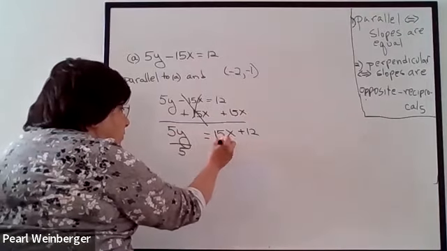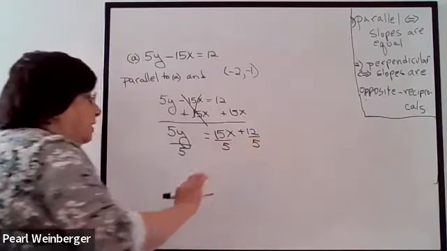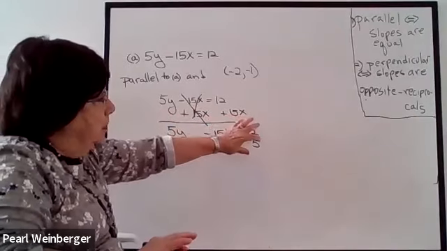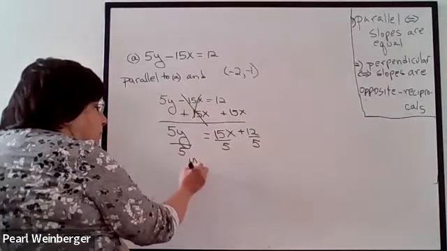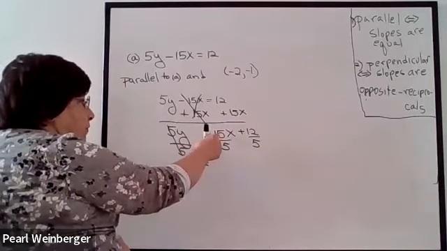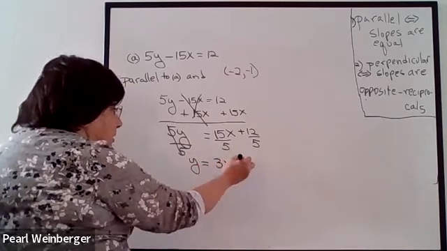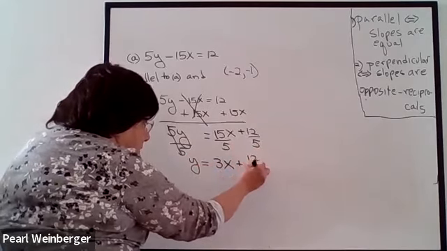Now here's where you have to be very careful. You have to divide every single thing by 5, not just the y's, not just the x's, but the numbers as well. So my equation comes out to be y equals, because this cancels out, 15 divided by 5 is 3, so this is 3x. And this doesn't reduce, so I just leave it.